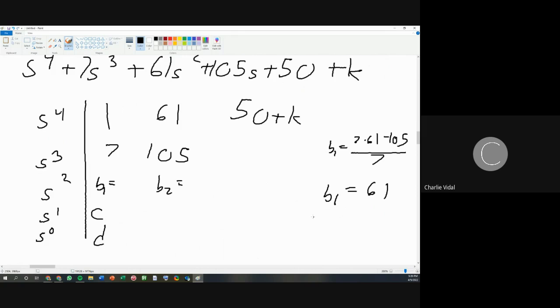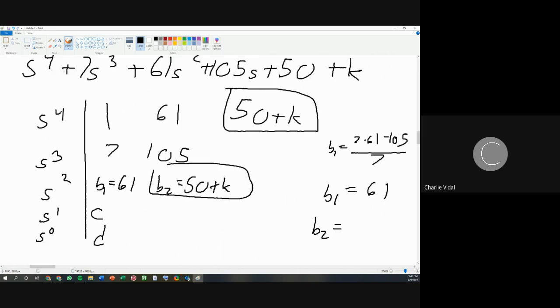B2, you use this rule. Remember this one? B2 is 50 plus K, because it always goes like that.